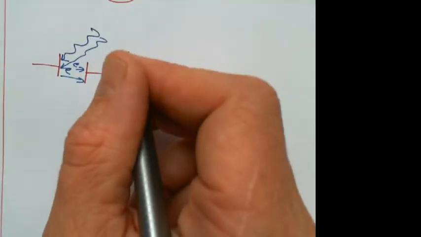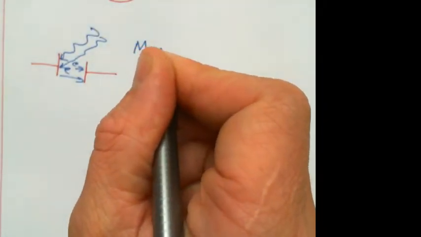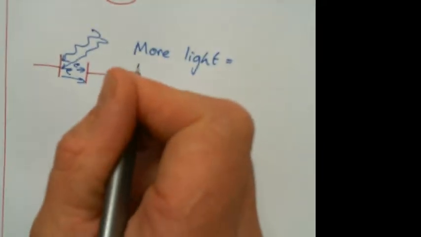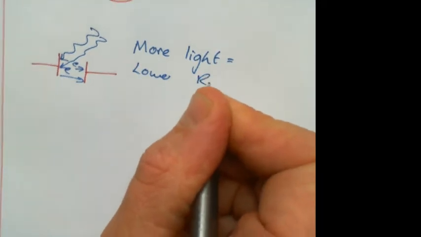The more electrons going across that gap, the easier the current flows, the lower the resistance. So what you need to know about a light dependent resistor is the more light equals lower resistance.